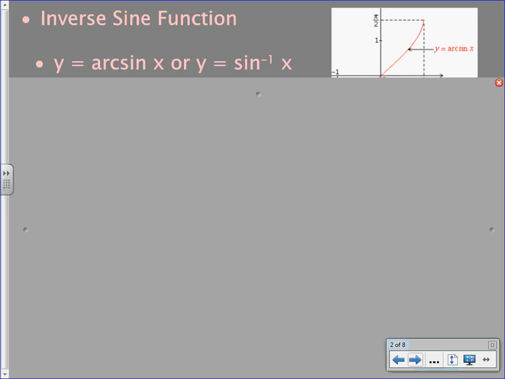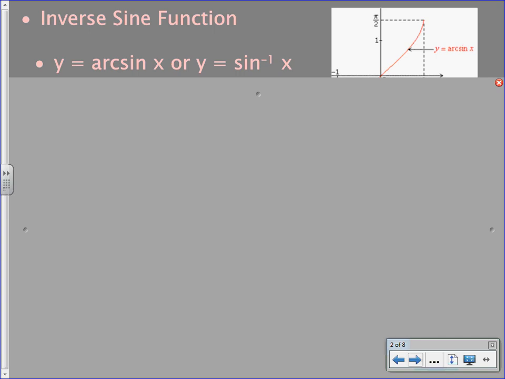I'm going to draw our sine function on the board here. We all know what the sine function looks like, right? I'm going to draw it multiple periods here. Here's y equals the sine of x. What is the range of y equals sine of x?